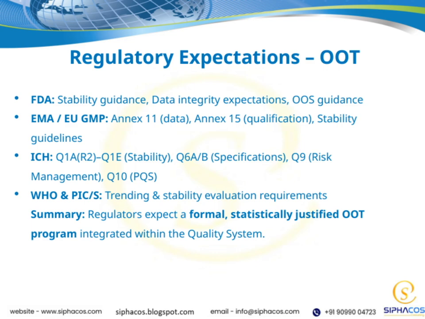The WHO and PICS also contribute important considerations, particularly around trending and stability evaluation requirements. They stress the importance of monitoring trends and evaluating stability data regularly to ensure ongoing product quality.